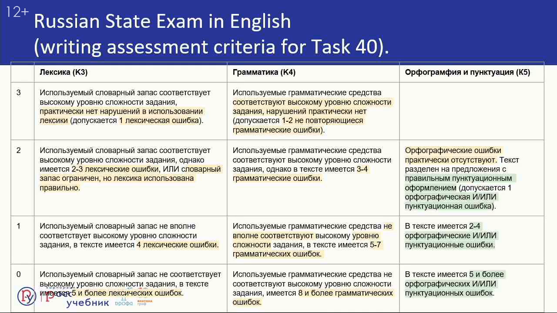All right, and this is the way I did it. As we can see, for lexis, there is only 1 mistake allowed at the level at which we give our learner 3 points for vocabulary, and this is something that I highlighted.